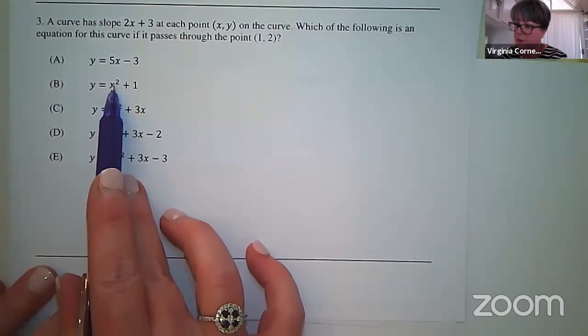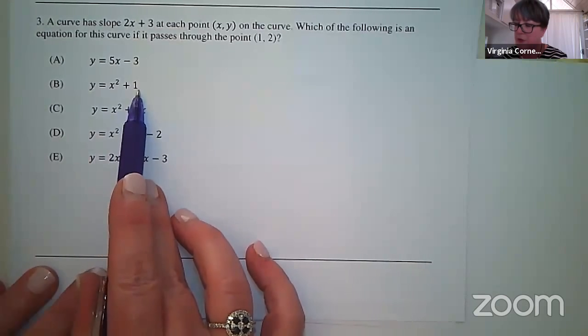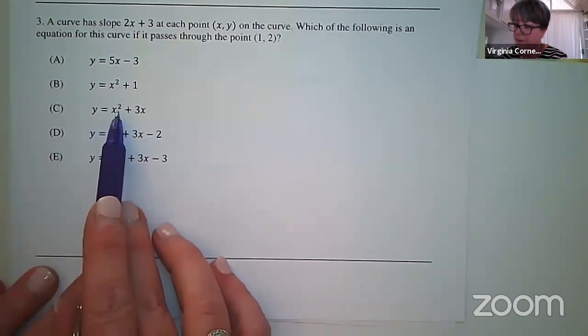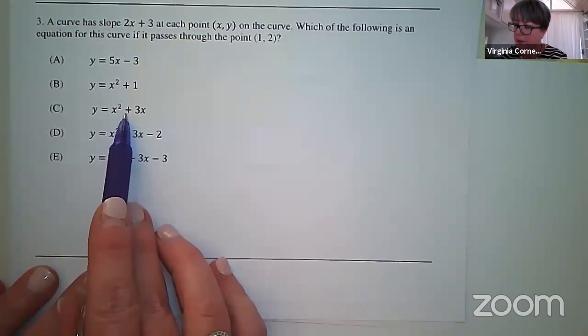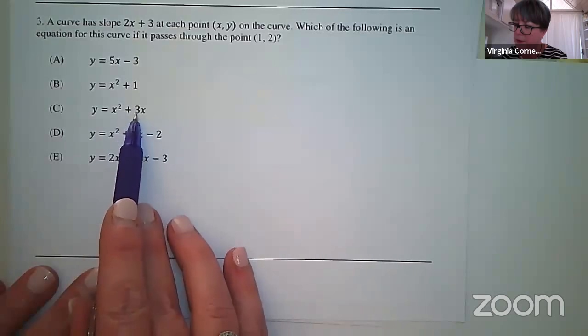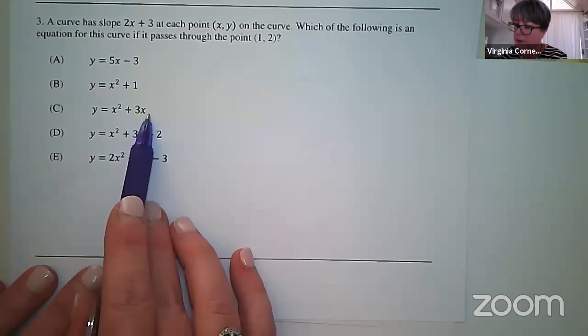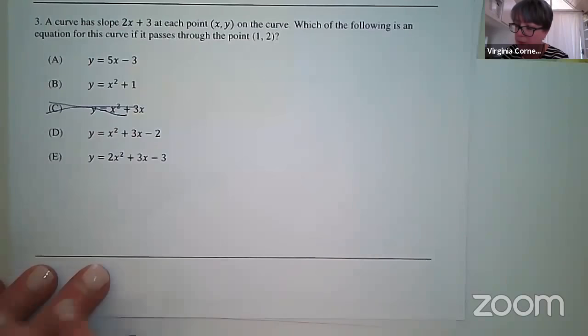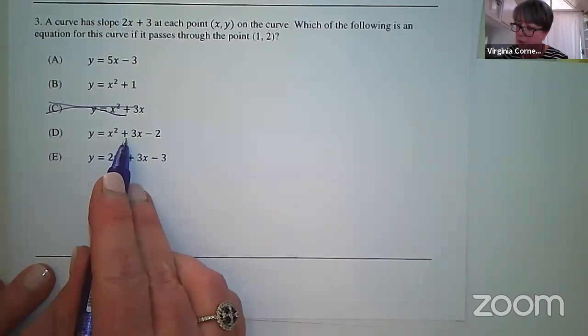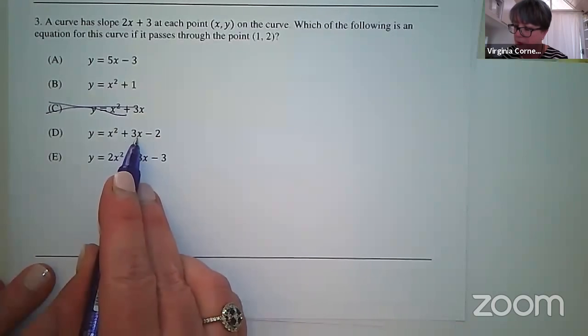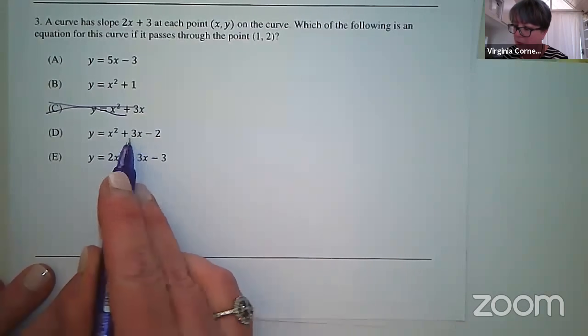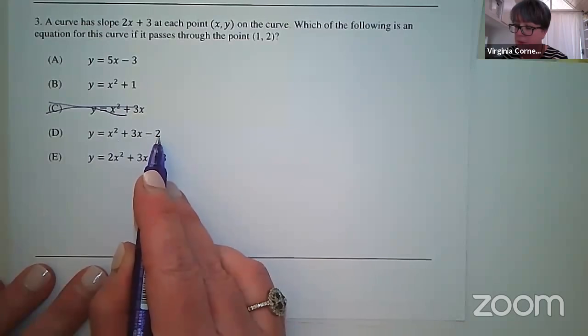What about the next one? 1 squared plus 1, I'm getting 2. So the point is on that one. What about this one? 1 squared plus 3 times 1 is 4. So that's not going to work because my point is definitely 1, 4 instead of 1, 2. And then on this one, 1 squared is 1 plus 3 times 1 is 3, so this is going to be 4, and then minus 2 ends up being 2.